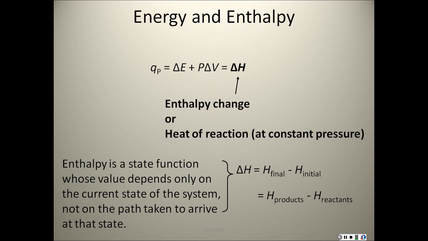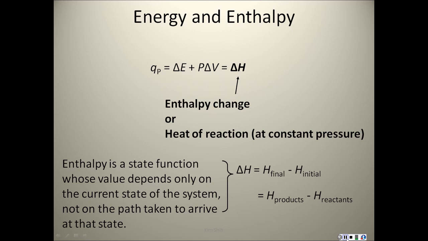Now, because all the other things we talked about, energy and pressure and volume, are all state functions. Remember, state function means it doesn't matter the route at which something goes from point A to point B. The route getting there is irrelevant. The fact that they go from point A to point B is what matters.